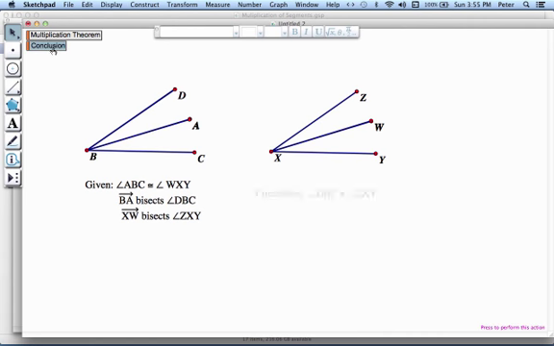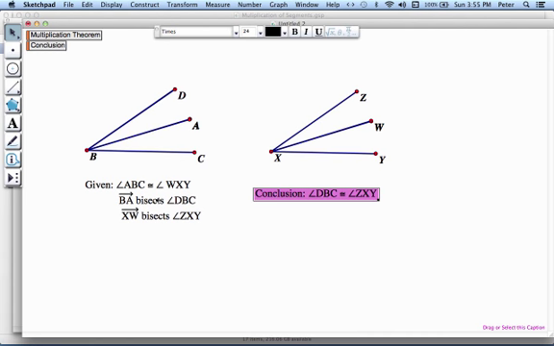Okay, hopefully you concluded that angle DBC is congruent to angle ZXY. And that's because both were congruent angles that were bisected. And so each one is twice the size of the congruent angle. Now that might look like addition, but it's multiplication.